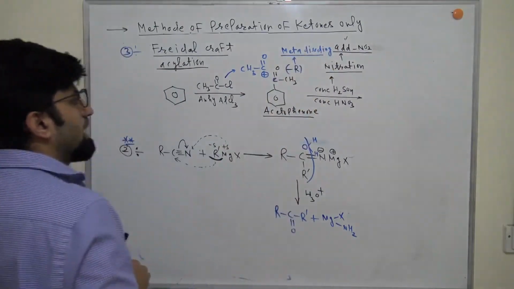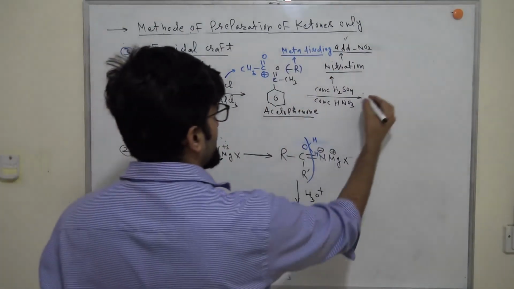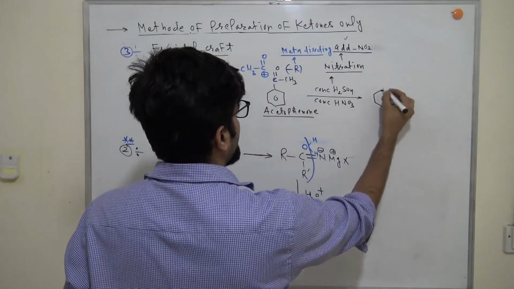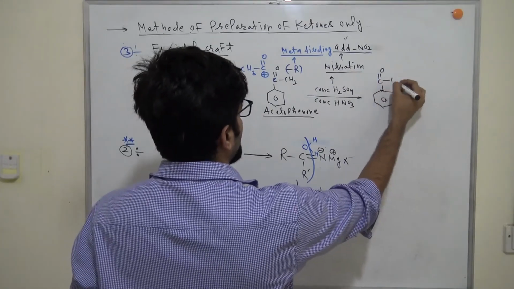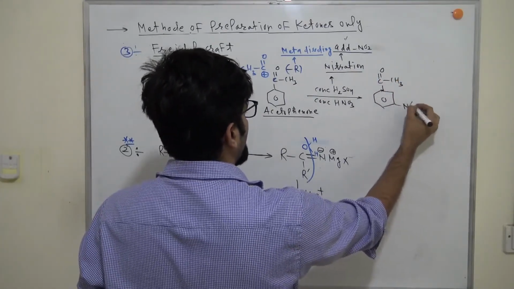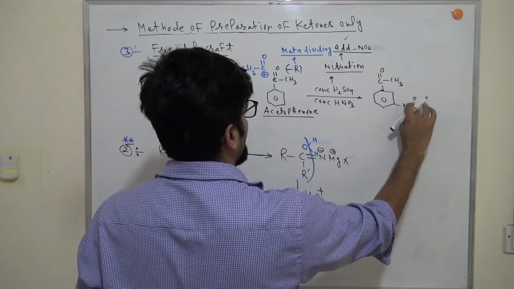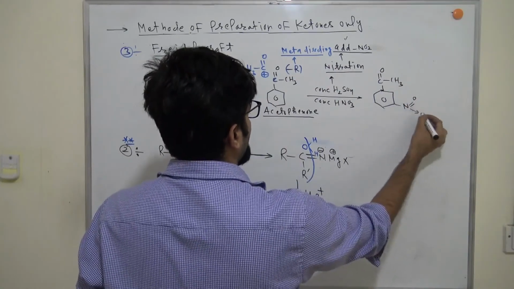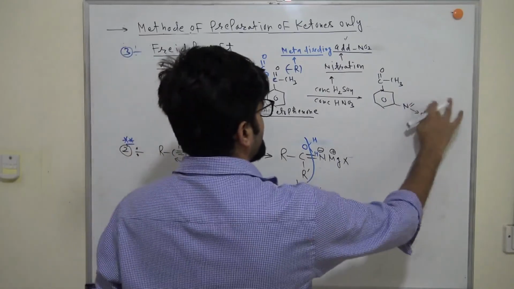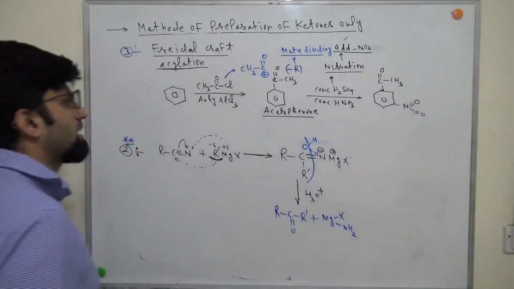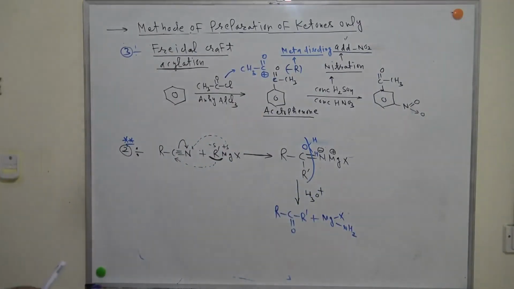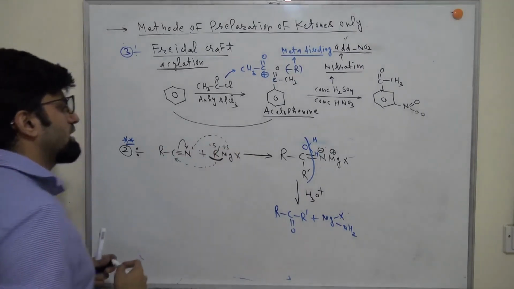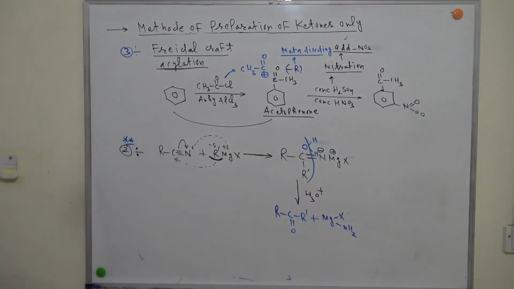So the incoming electrophile will attach at the meta position. So yes, I can extend this question to this also, right? At the meta position we will get the NO2 group. But yes, we are comparing the methods of preparation of ketone. So by doing this, I can get the ketone. Understood?